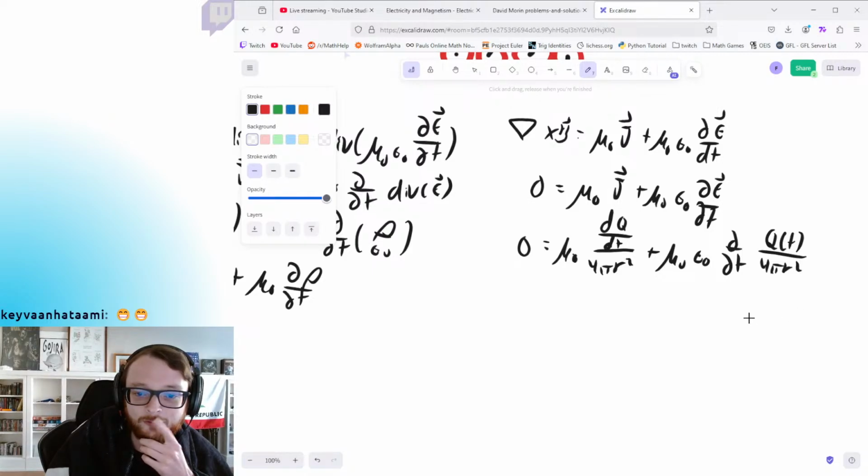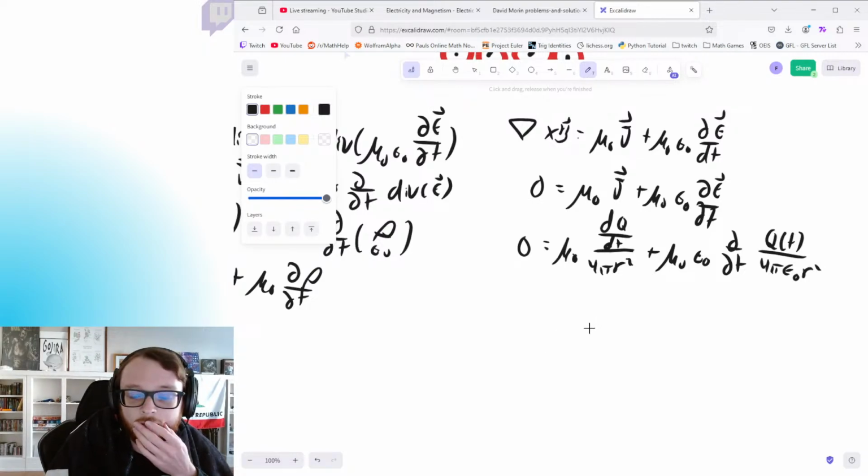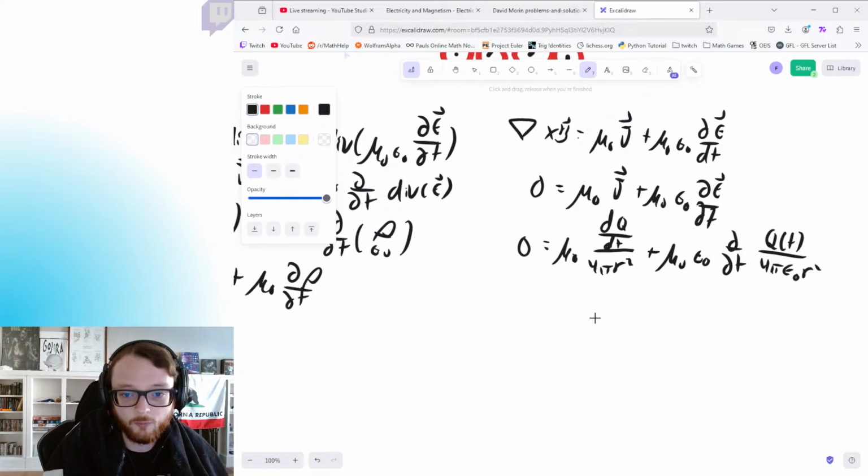Maybe we need a minus sign somewhere in here. We need a negative somewhere, don't we? Oh, vectors, epsilon. Oh yeah, maybe that's where the minus sign comes from, because one's pointing in and one's pointing out. So we can make one E in the r hat and one negative r hat.